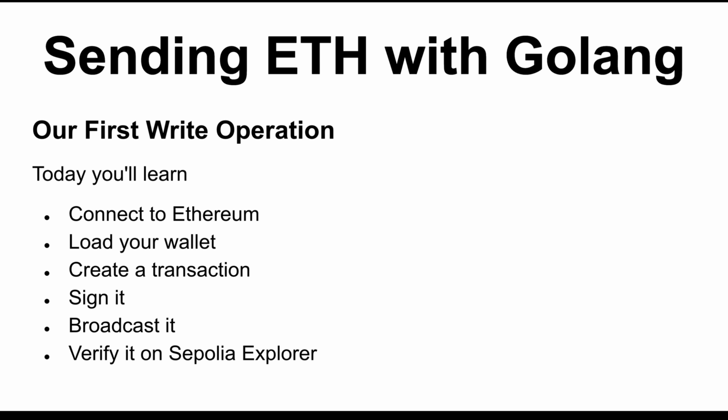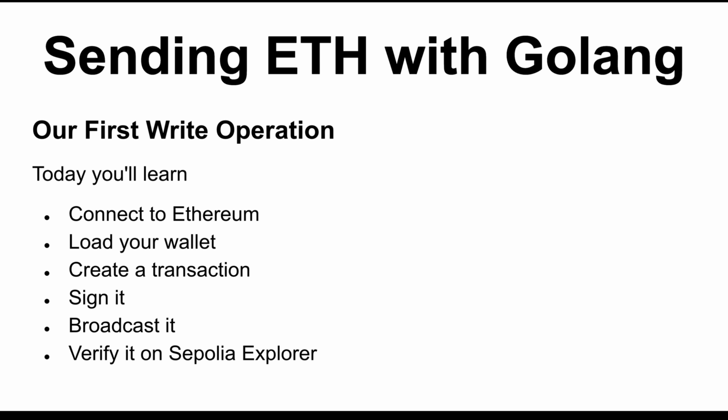So in this video, we are going to connect to Ethereum, which we have done before. I think in my first video, we were able to connect to Ethereum, so if you haven't watched it, this is just a recap. We are going to load wallets, and most of this might just be a recap of what we have done in previous videos.